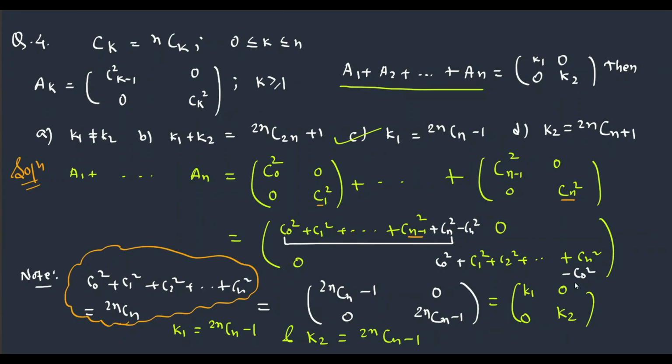Okay, sir. So now we go for another question. Here in our DPP sheet, it is question number 5. Question is, if matrix P is equal to 1, 1 by 2, 0 and 1, then you have to calculate P to the power 50.